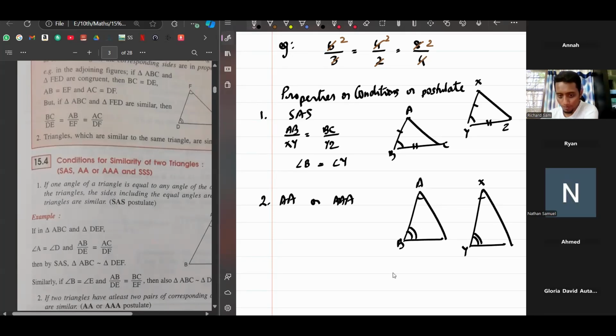So this shows you that angle A is equal to angle X and angle B is equal to angle Y. So automatically what happens? The third angle will be equal to the other, which you don't have to prove. So if you just prove this much, then the two triangles are similar. Okay, a simple one, draw this. We'll go to the next.